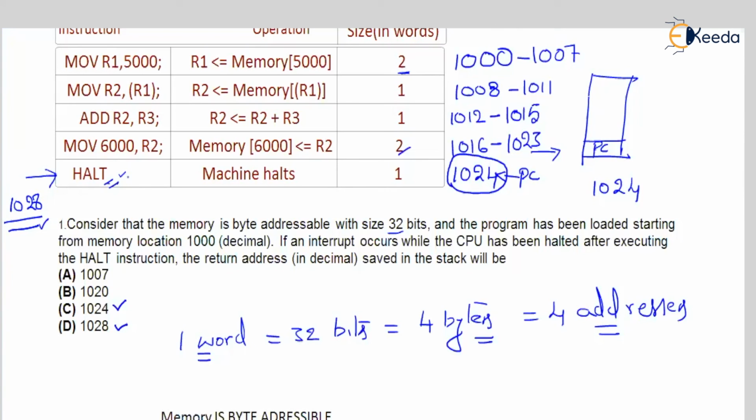So 1024 is the correct answer, not 1028. Most people will scratch their heads between C and D. Clearly it will be C, because when the halt instruction gets executed, the PC won't update.